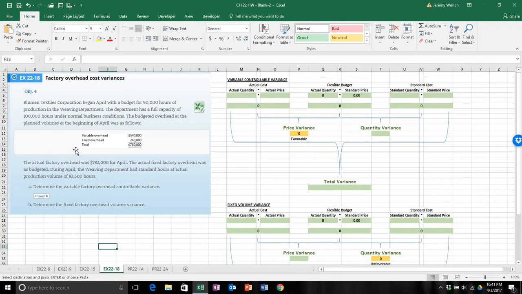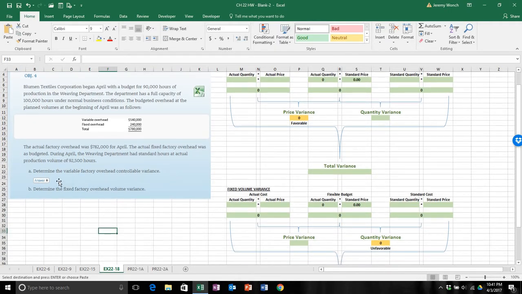It gives us our standard cost for variable and fixed overhead. And then it gives us our actual overhead of 782,000 and actual hours of production of 92,500. It wants us to look at the variable factory overhead controllable variance and the fixed factory overhead volume variance.